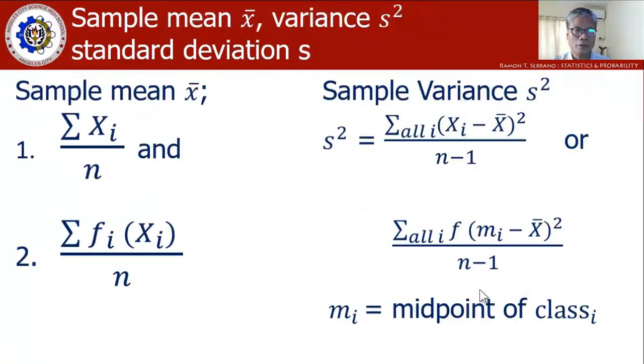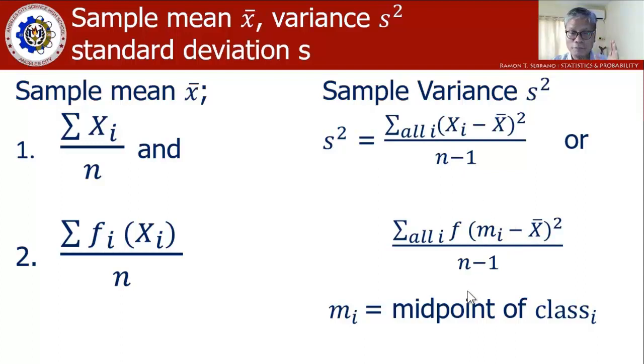Now, we're done with the population. Let's take a look at the sample mean. If you notice, the formula for the sample mean is very much similar to the population mean. Okay? However, let's take a look at the variance. We will not be using the second formula for variance. But simply the summation of the square differences divided by n minus 1. Take note of that denominator, n minus 1.